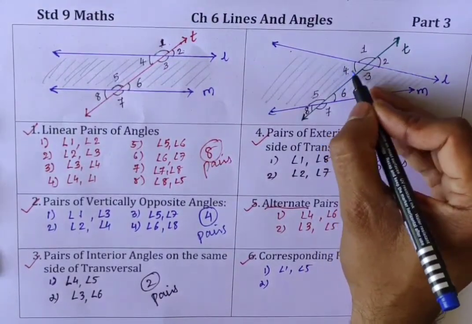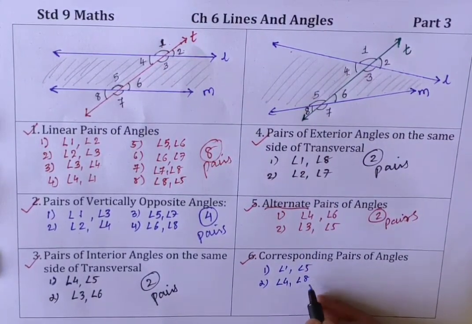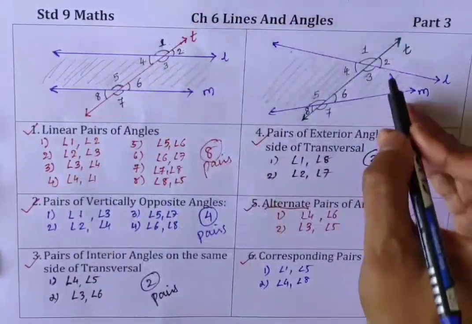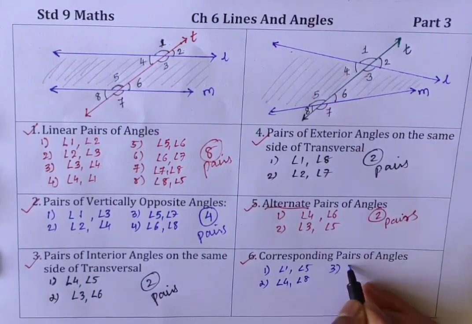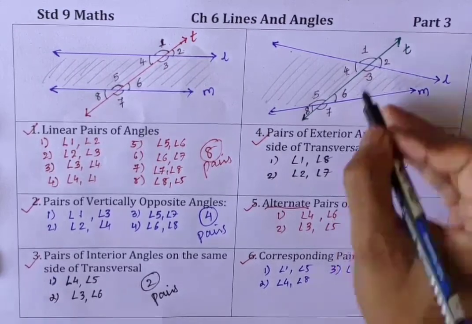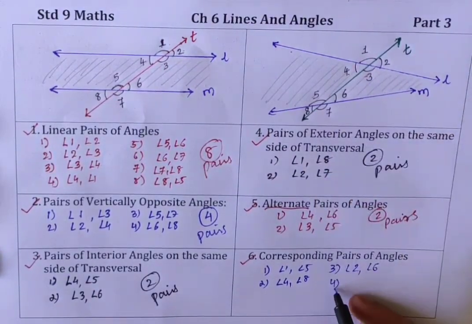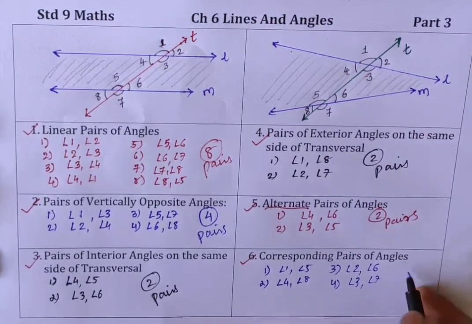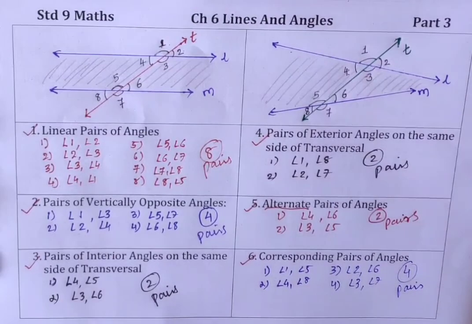Second, for interior angle 4, the exterior is angle 8. Angle 4 and angle 8. Those are 2 pairs on one side, and we get 2 pairs on the other side. Third pair, angle 2 and angle 6. And fourth pair, angle 3 and angle 7. So you have 4 pairs of corresponding angles.